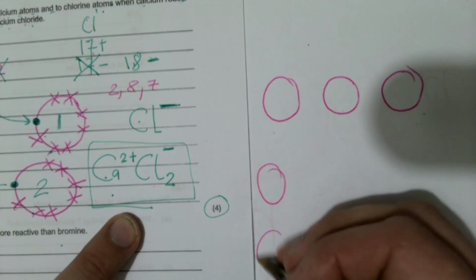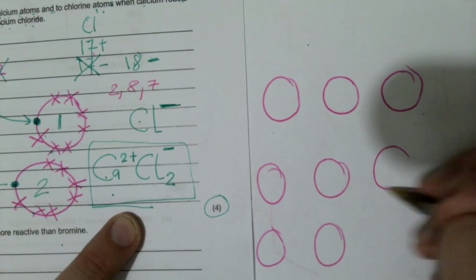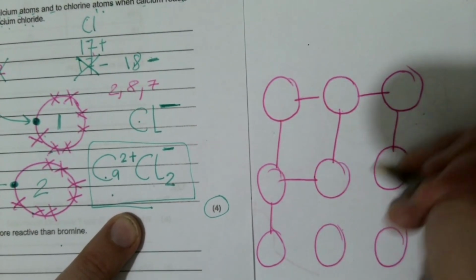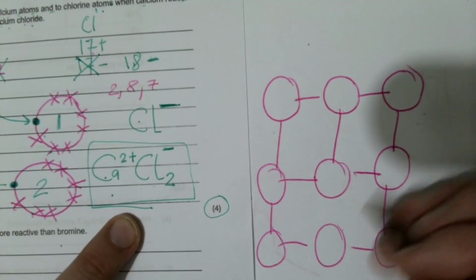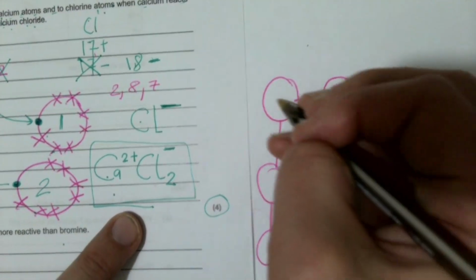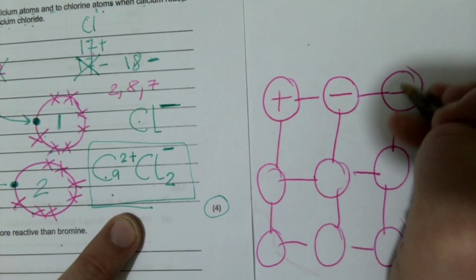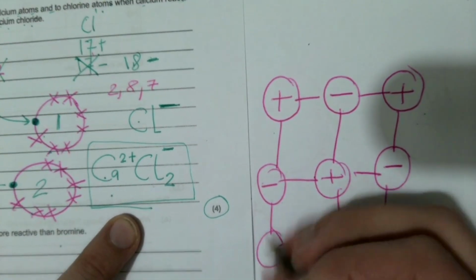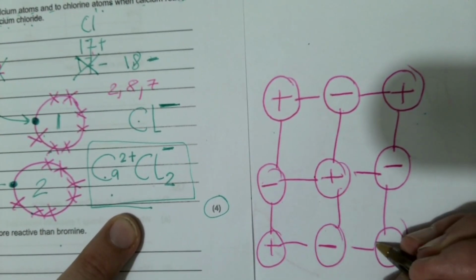this diagram for ionic bonding. This is what we call a giant ionic lattice. Now they're ions, the calcium is positive, the chlorine is negative, and we get this opposite charge effect, like so.